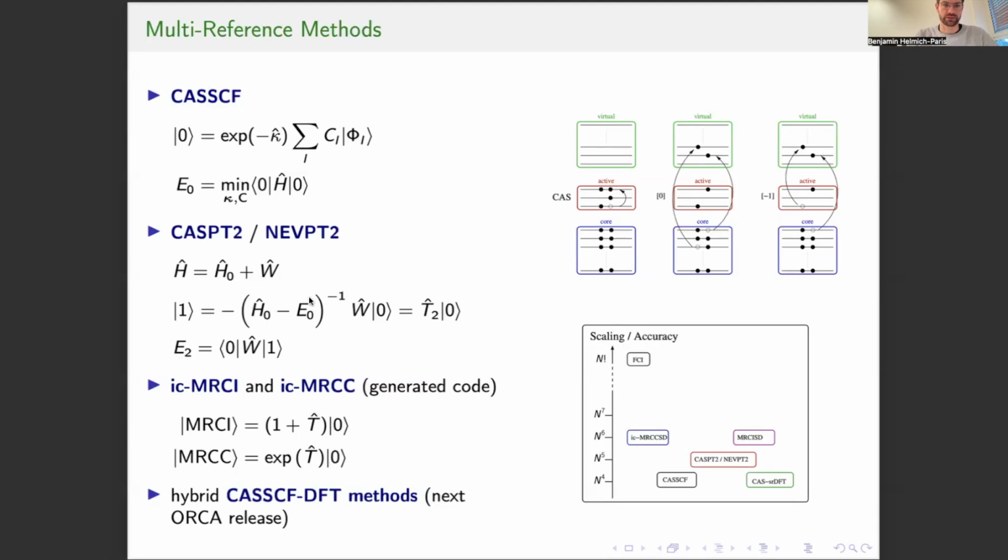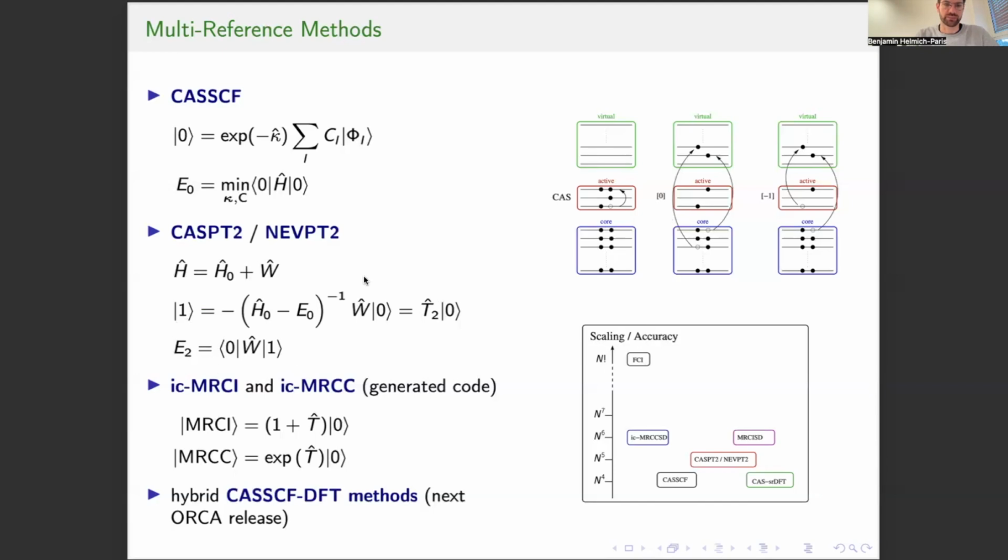Then we can collect all the terms in the Schrödinger equation that are first order. This can be cast in an operator form, and it can be shown that only two electron excitations with respect to the CASSCF solution are needed to calculate the first order wave function. With our first order wave function, we can then calculate our second order energy.